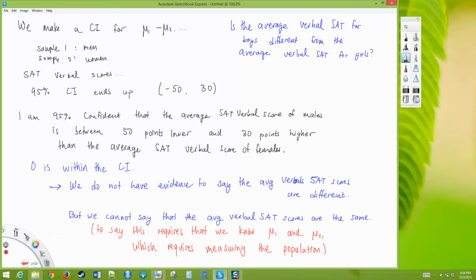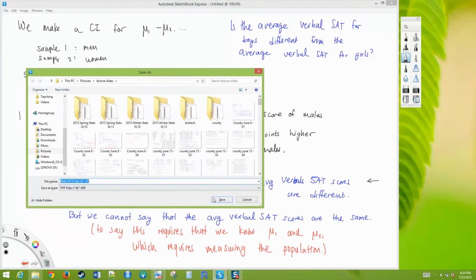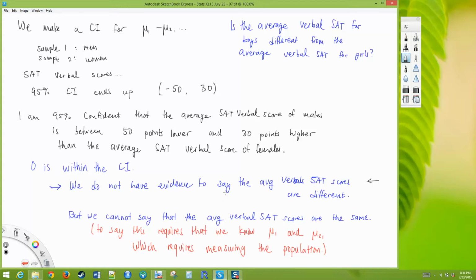So when you do statistics, a lot of times you end up making statements like this. We don't have evidence to say they're different. Does that mean they're the same? No. And that's just the nature of a lot of things. A lot of times you get these slightly unexciting conclusions.